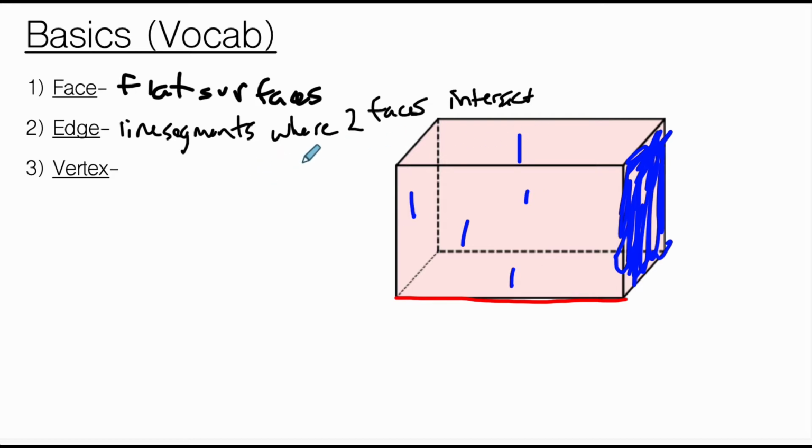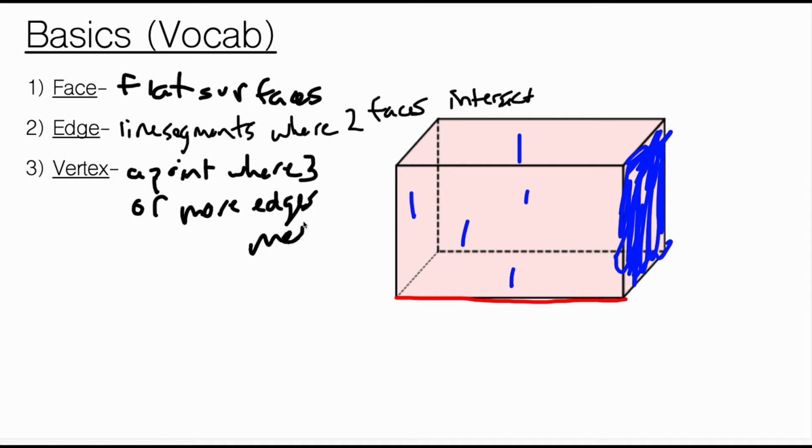And then finally, we have vertexes, vertices. You might hear them, that's the plural, vertices. A vertex. What is a vertex? A vertex is a point where 3 or more edges meet.